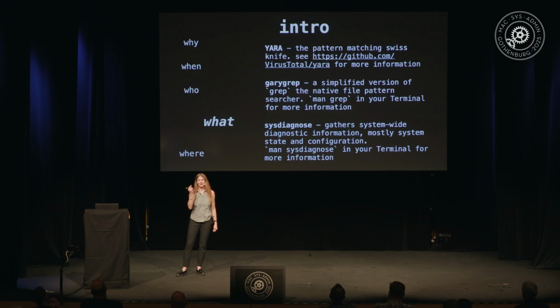So my version of grep, Gary grep, is a pared down version. Grep has a lot of options, whereas Gary grep has only the most useful functionality from the huge amount of flags and options that regular grep offers. So it's a lot more simple to start to use.